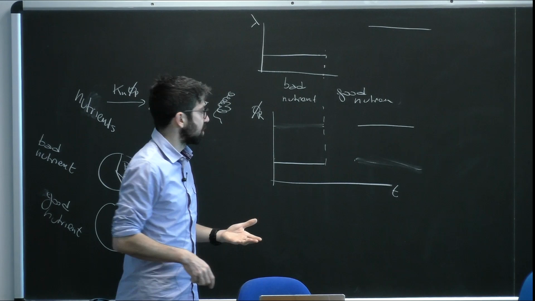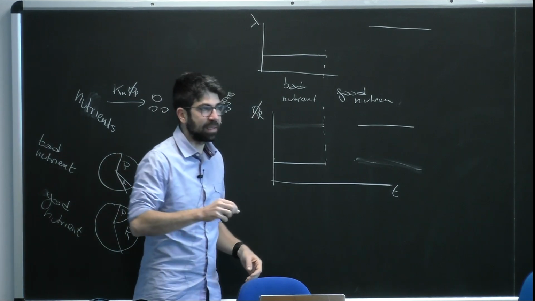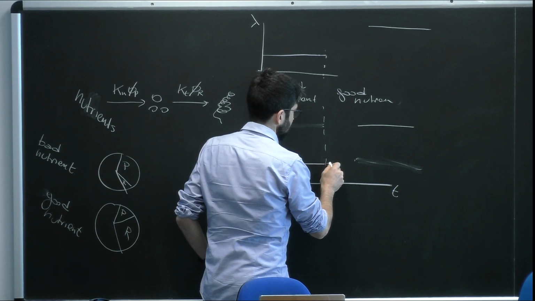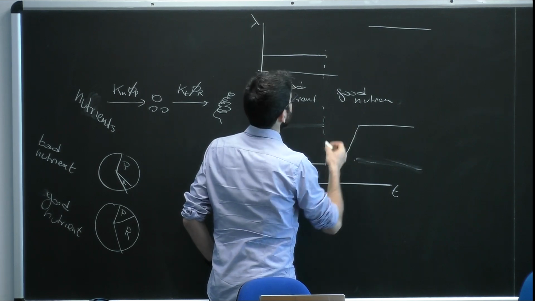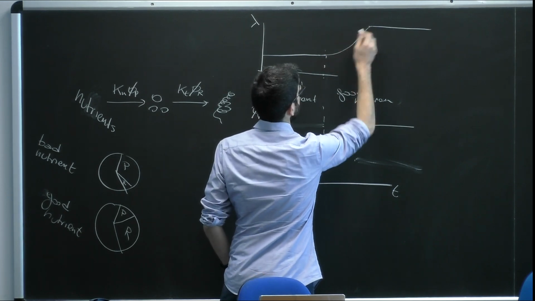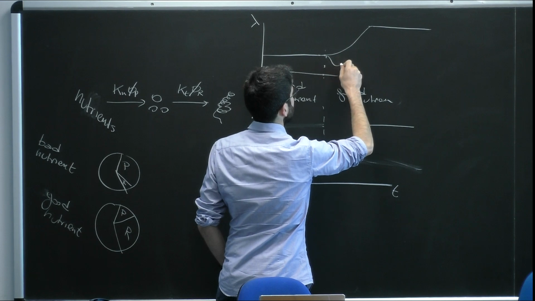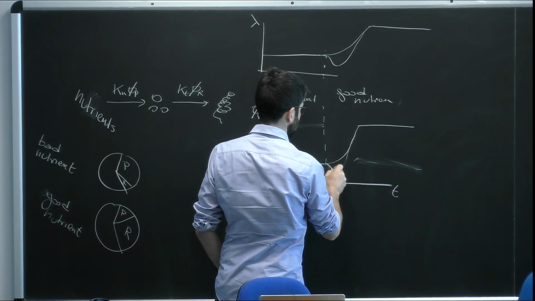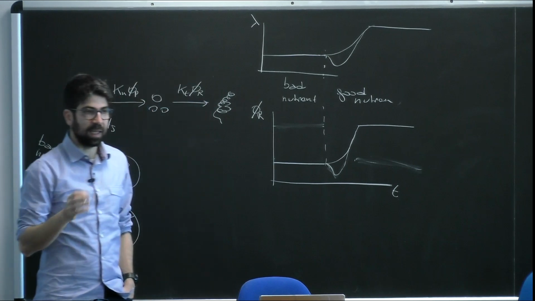So there will be some transition, and this transition will be dynamic. It will do something like this, or this is one possibility, but something less trivial could even happen, so we don't know. There could be other dynamics.